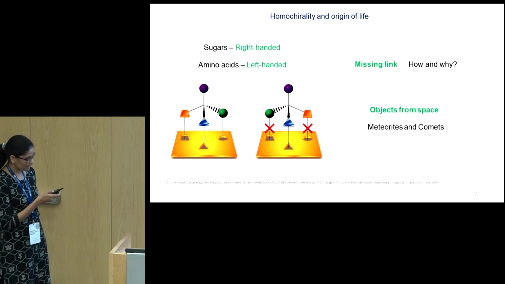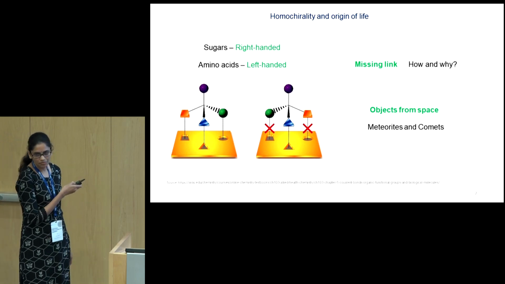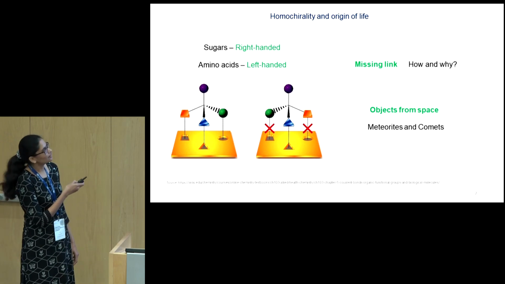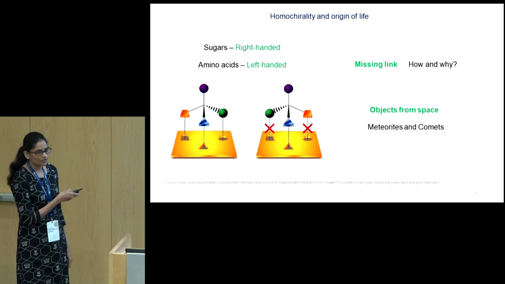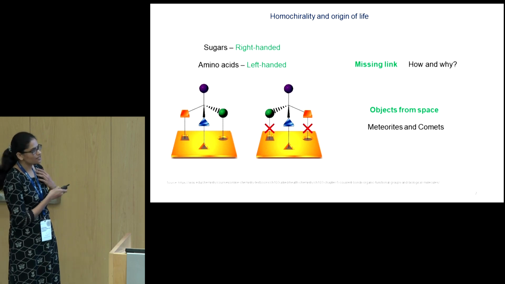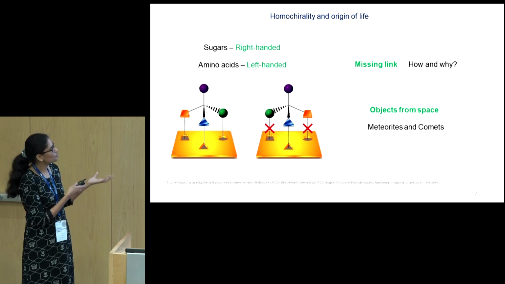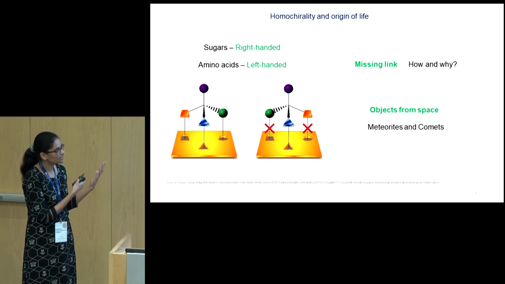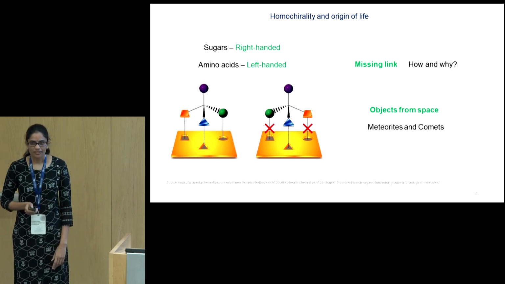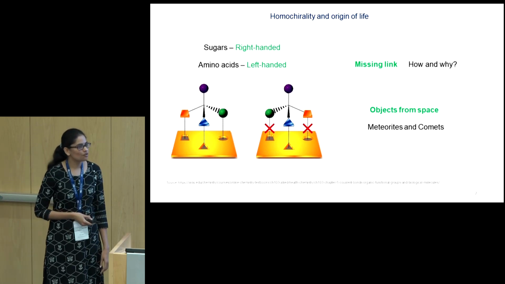But if you see the mirror image, the mirror molecule, it cannot fit. So in our bodies only one can be active, and life prefers to have this one activeness.